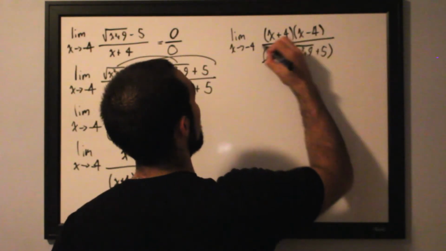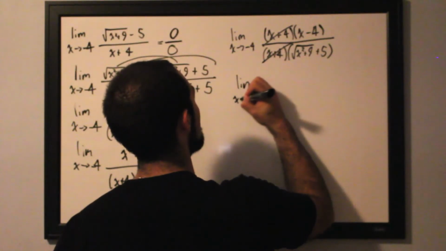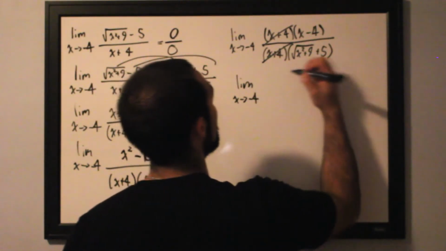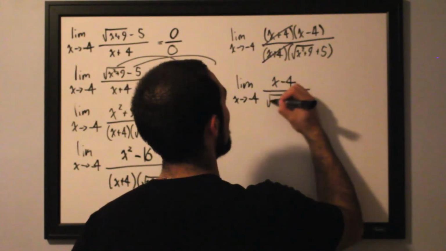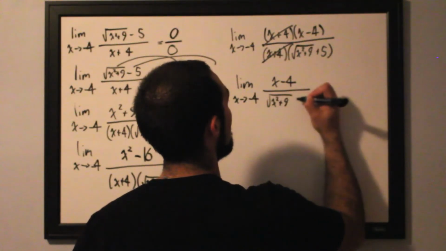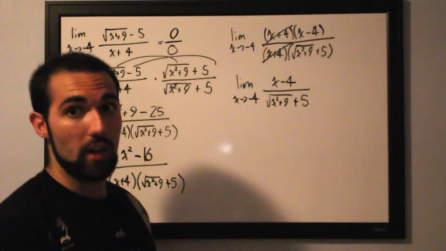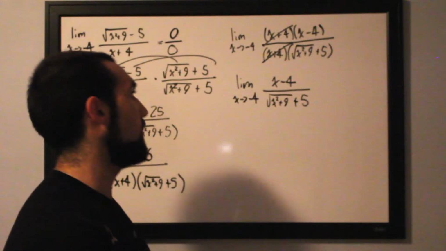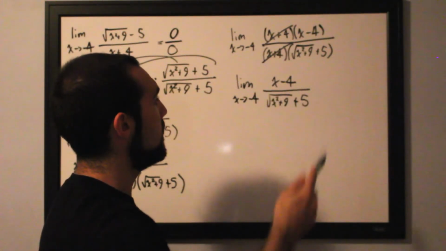We have common factors over here that cancel each other out. We've got the limit as x approaches -4 for x minus 4 over the square root of x squared plus 9 plus 5. Now if we tried plugging negative 4 into this function, we shouldn't have any more issues. If we tried plugging it in, we would get negative 8 in the numerator.